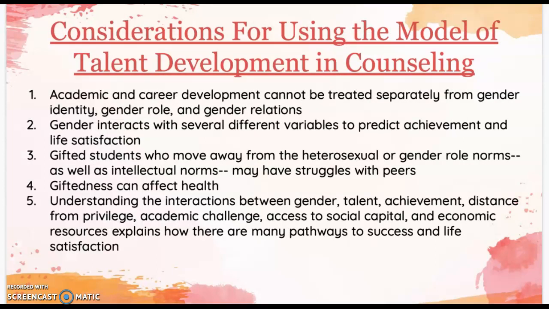When looking at the model of talent development, there are some specific considerations that people should take when counseling these gifted students. First, for gifted students, academic and career development cannot be treated separately from gender identity, gender role, and gender relations.